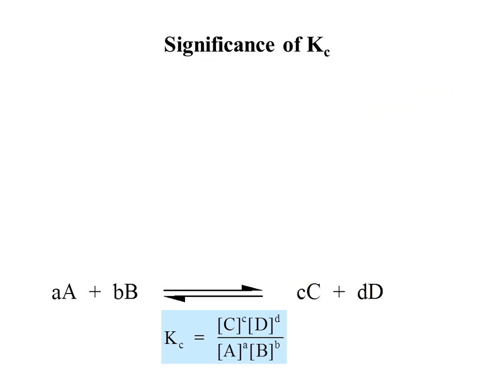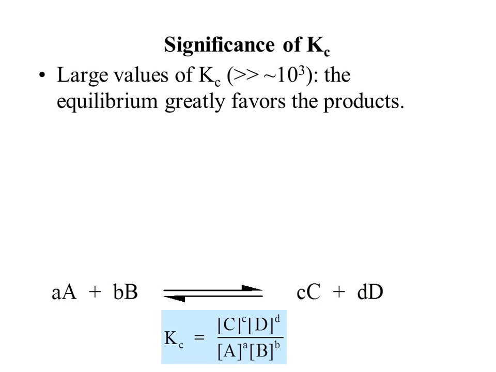So I brought these down. This is from a previous slide. This is your kind of generic 2 reactants, 2 products. This is what the equilibrium constant expression would look like. So if Kc is kind of high, just generally speaking, and you're like, what does high mean? Well, you'll see some Kc's that are very high.